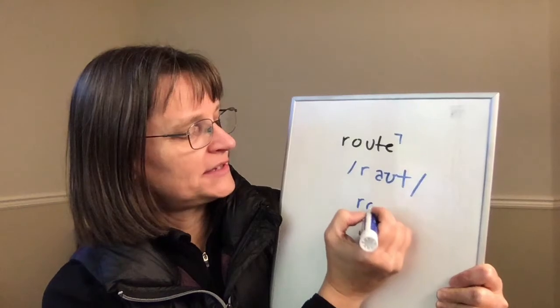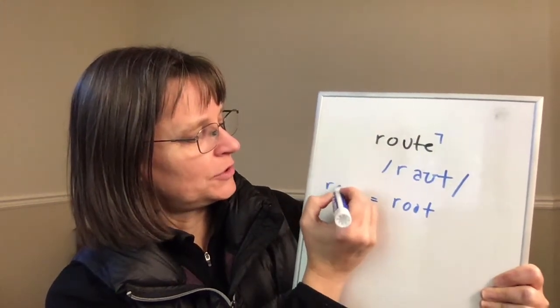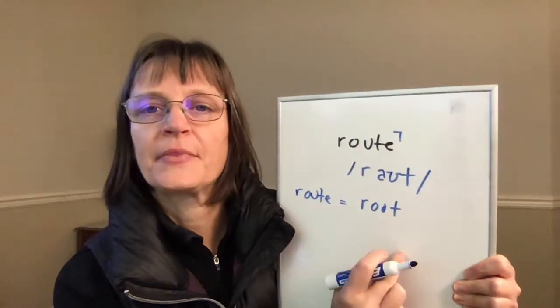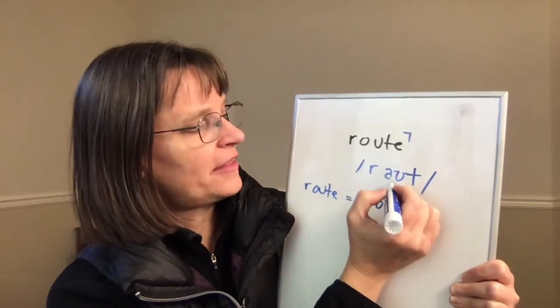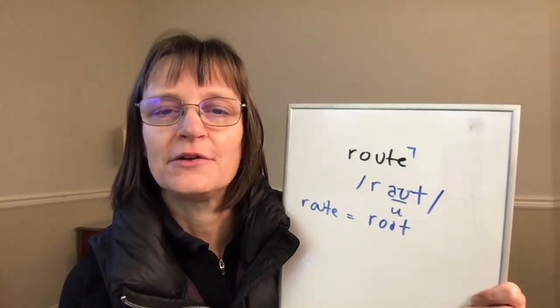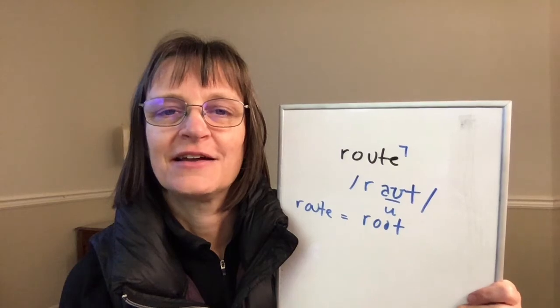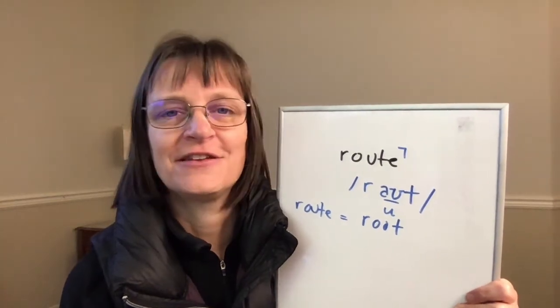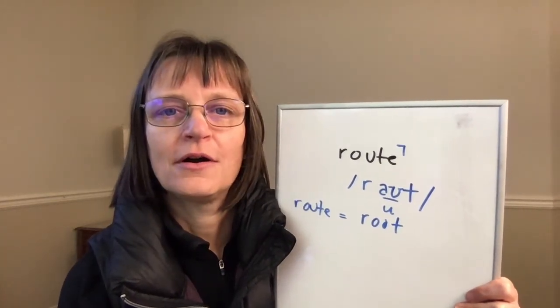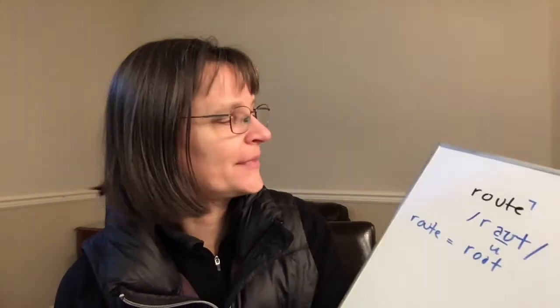In some other places, route is pronounced the same as the word root, in which case you would, rather than having the ow, you would have tense oo vowel. So route or route. So we could take a new route to get to their house, or I'm traveling on Route 66 across the country.